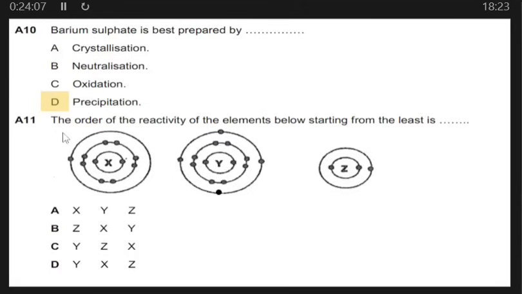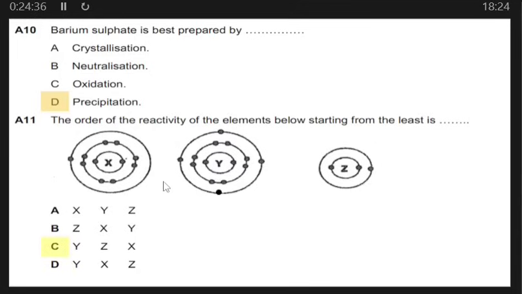So the order of reactivity starting from the least should be this one, followed by this one, then the highest is this one. So Y, then Z, then X. Y, Z, X, C is our answer.